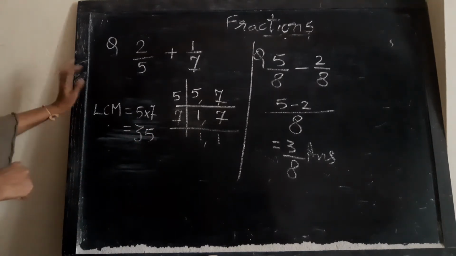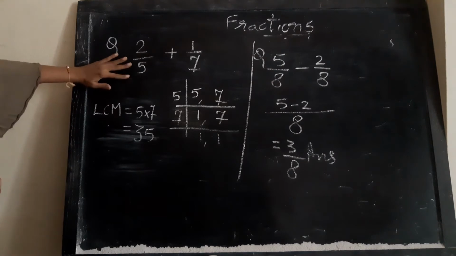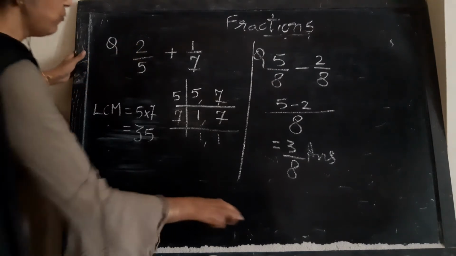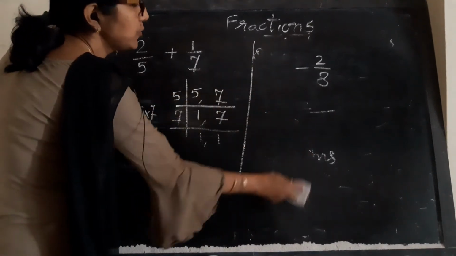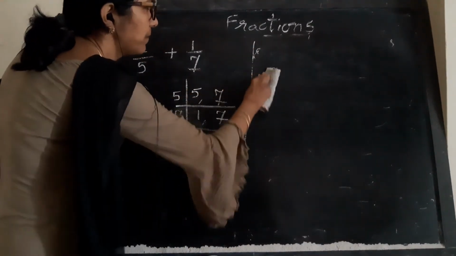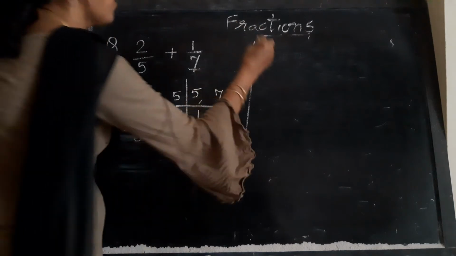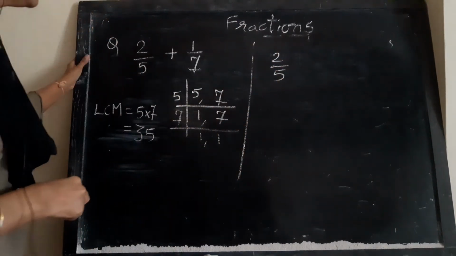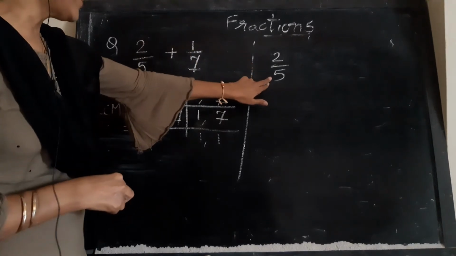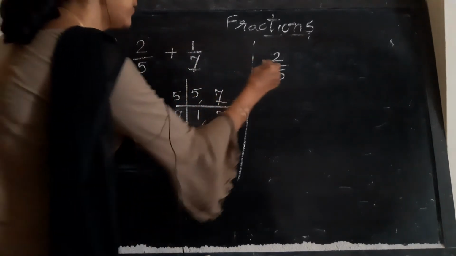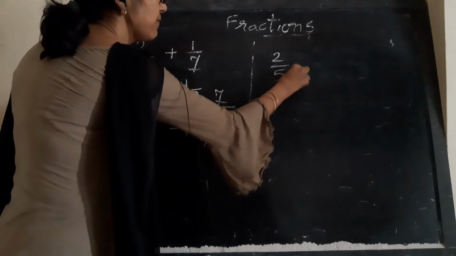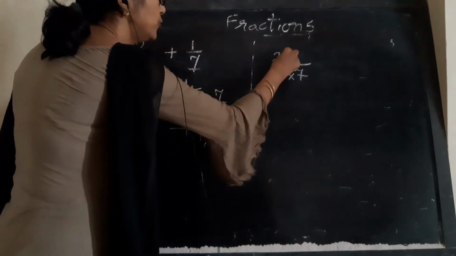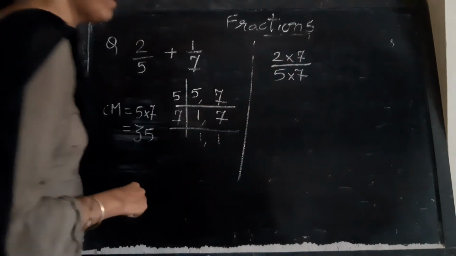Now we have to convert these denominators into 35. Then we would be able to add or subtract them. So you have to learn this carefully. Copy down this 2 by 5. Now to make this 5 as 35, we have to multiply it by 7. So the numerator will also be multiplied by 7.